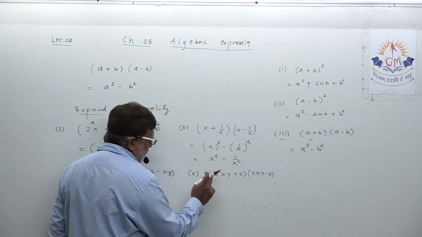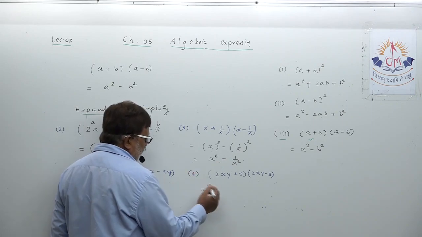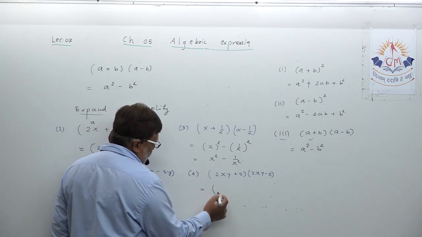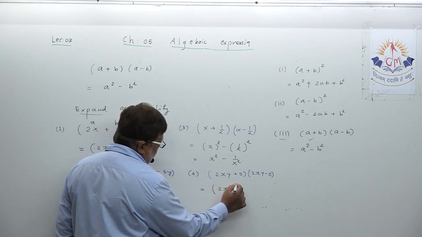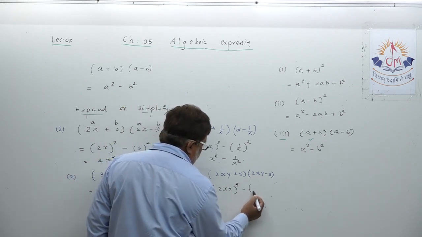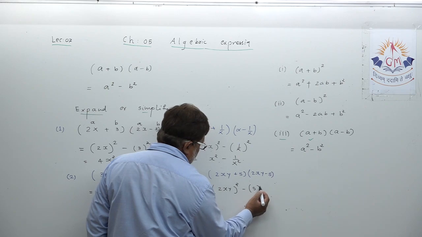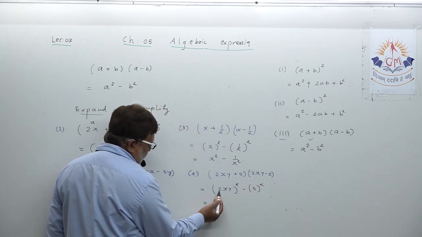Okay, a is 2xy, b is 5. Answer, you know, a square: you will write 2xy whole square, minus b square: you will write 5 whole square. Now let us solve.